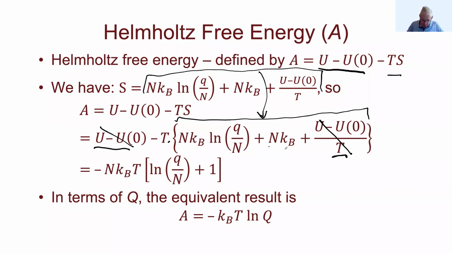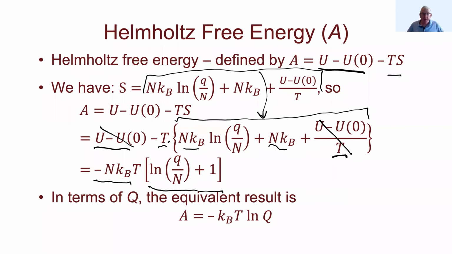Here I've got an NK there and an NK there, and so everything in the curly brackets now contains an NK. What this last line has done is pull the NK out of the brackets with the minus T out here. So I get minus NKT, and then just this piece inside, the natural log of Q over N from the partition function, plus a 1.